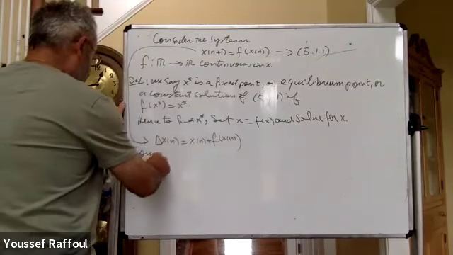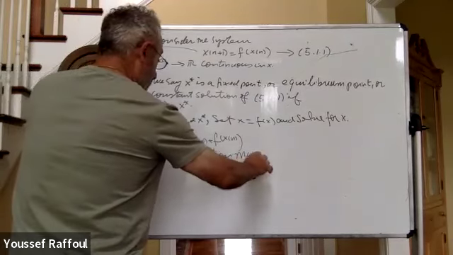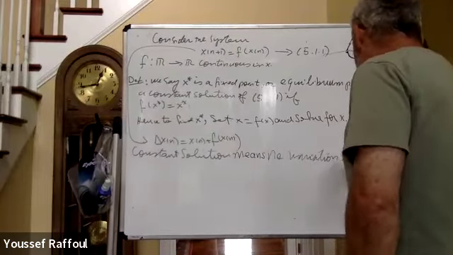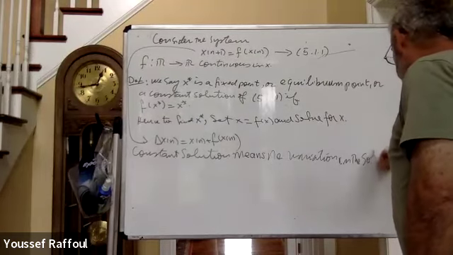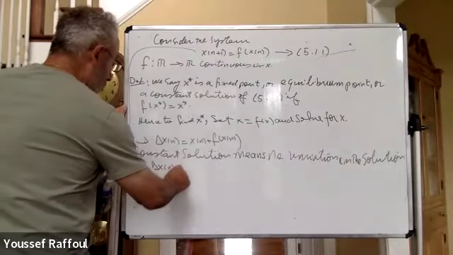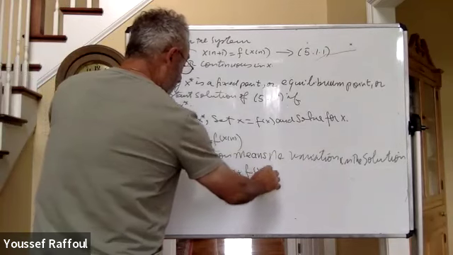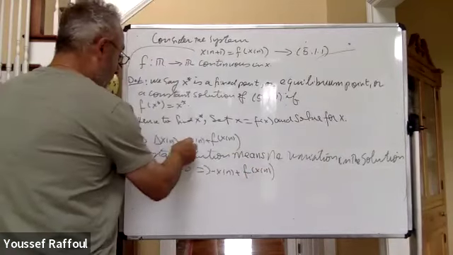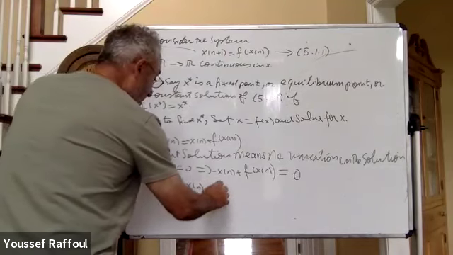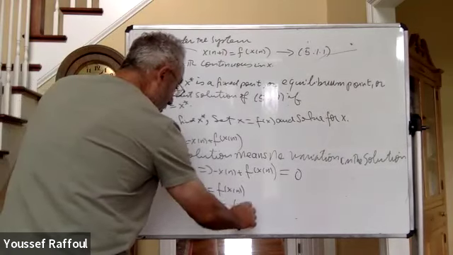So constant solution means no variation in the solution, or del x(n) equals 0, which implies minus x(n) plus f of x(n) equals 0, which means x(n) equal to f of x(n), or in short, x equal to f of x.